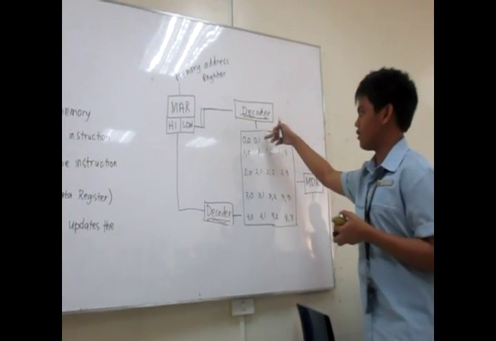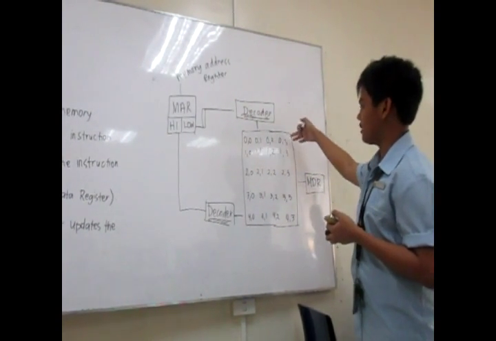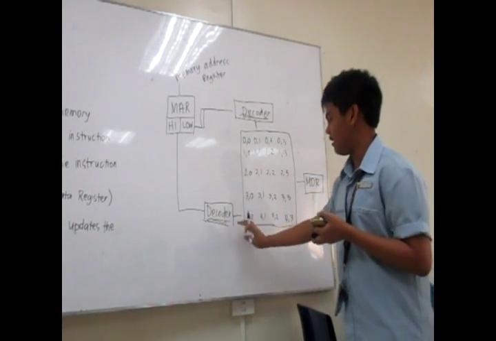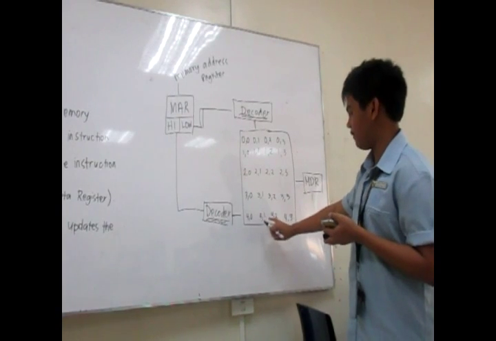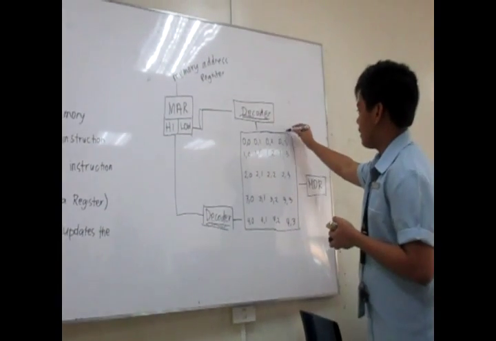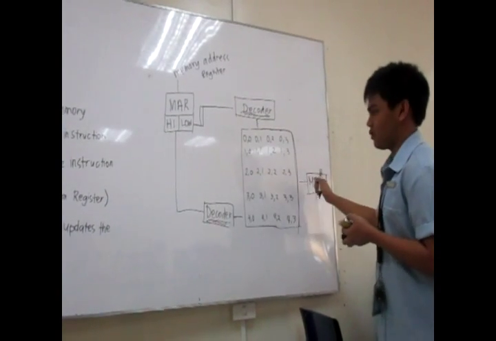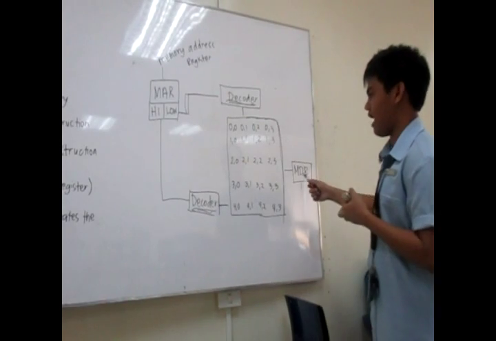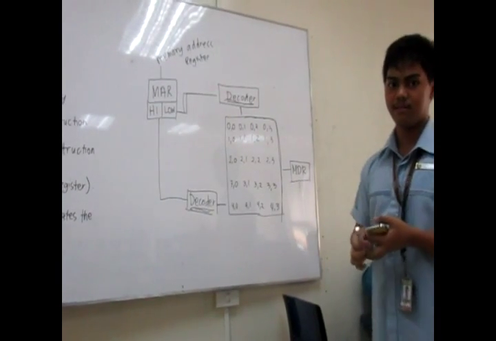From 00, 01, 02, 03 when it is low. Then if it's high, from 40, 41, 42, and so on. And after that, it updates the counter to pass its loaded instruction to the memory data register.